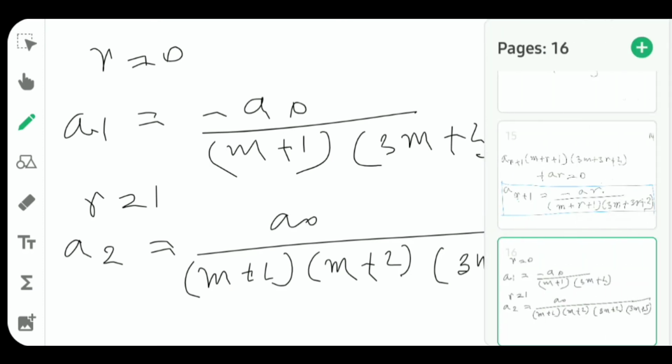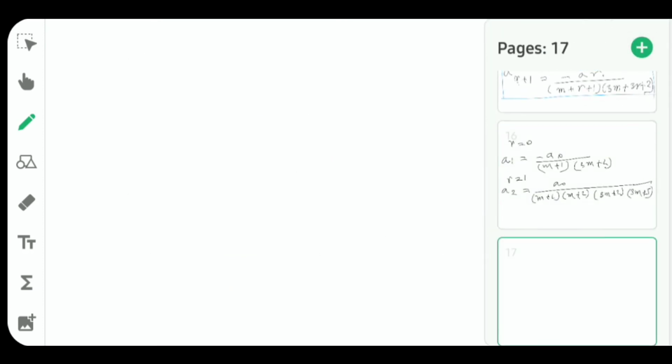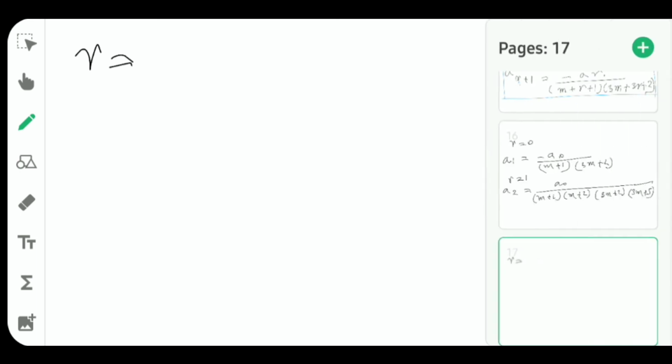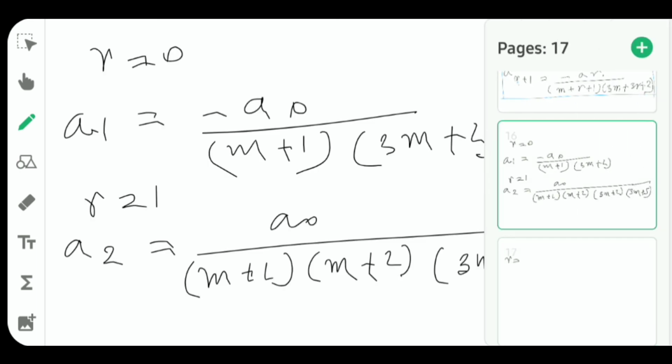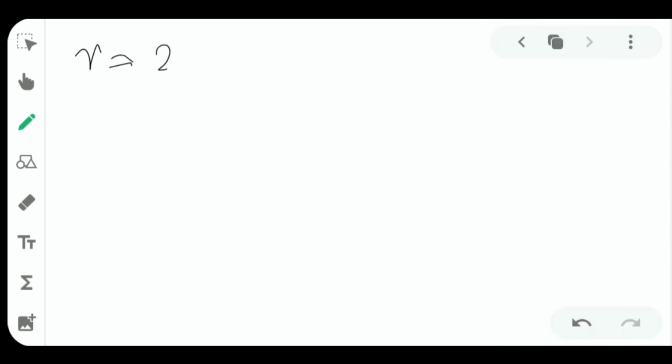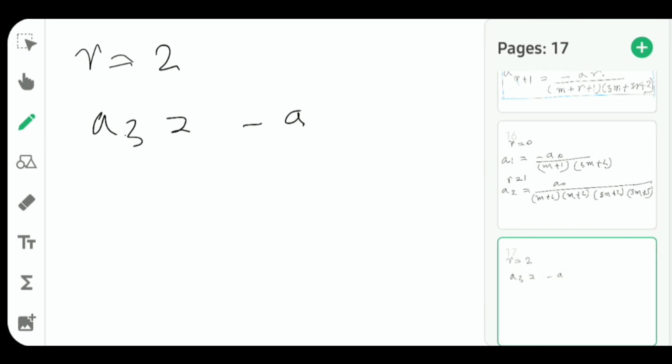Then for a3, I already put r equals 0 and 1, and now to put r equals 2, a3 will be equal to minus a2, and a2 will also be equal to a naught, isn't it?